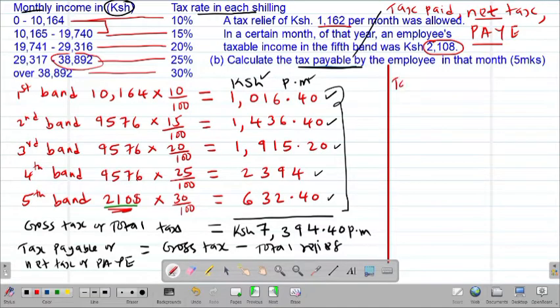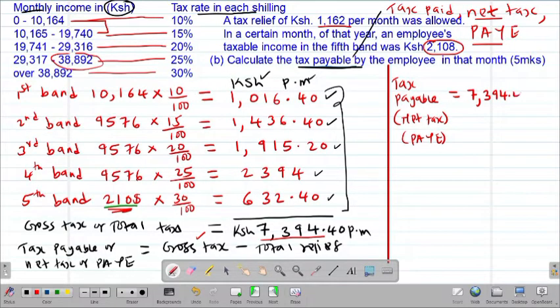Therefore, it means that the tax payable, which is simply the net tax, or simply put the PAYE, will be equal to the gross tax, which we have gotten as 7,394 and 40 cents, minus our tax relief, which was 1162.